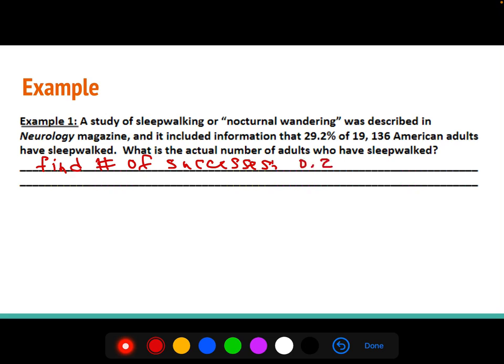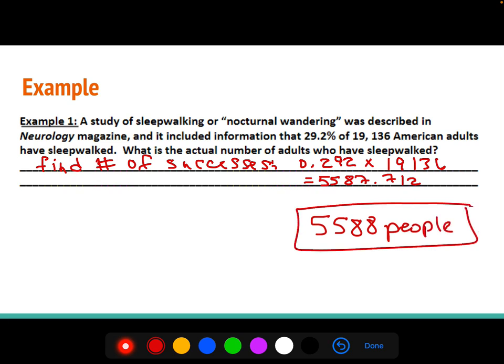So that's 0.292, that's the 29.2%, times 19,136 adults, which gives us 5587.712. So 5588 people, because you can't have 0.712 of a person.